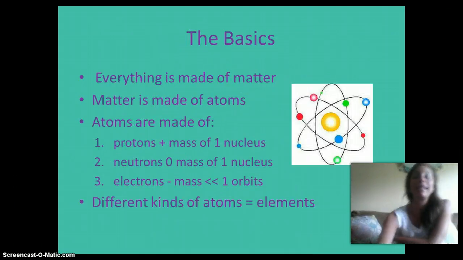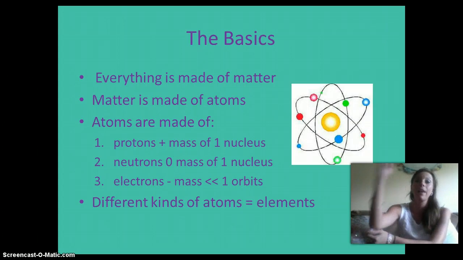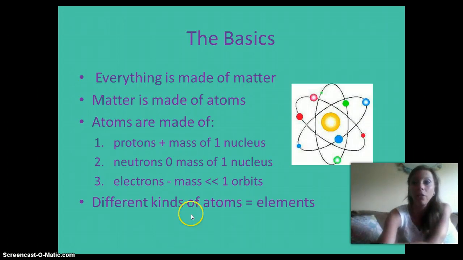So some of the basics: everything is made up of matter, and atoms are that unit of matter. Atoms are made up of protons, which are positive and found in the nucleus, neutrons, which have no charge or are neutral, and they are also found in the nucleus, and electrons that are found outside the nucleus.